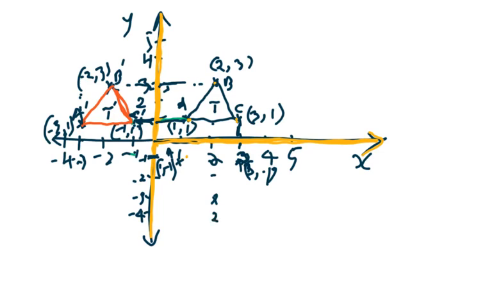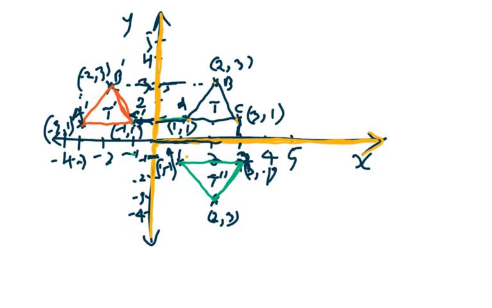The x-axis is still positive, but the y-axis is negative 3. There. Our image, therefore, we connect that and that. That gives us our T double prime.